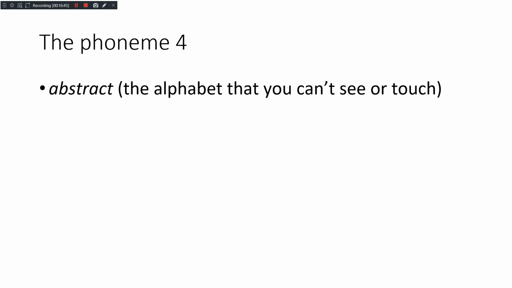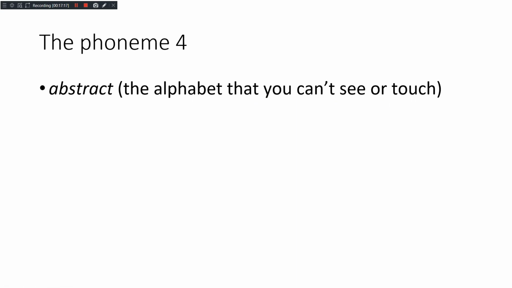When we talk about phonemes and realizations of that phoneme, or when we talk about the alphabet and representations of the letters in writing on paper, we talk about abstract and real concepts. By abstract, we mean the alphabet that you can't see or touch. So let's say letter A. What is letter A?